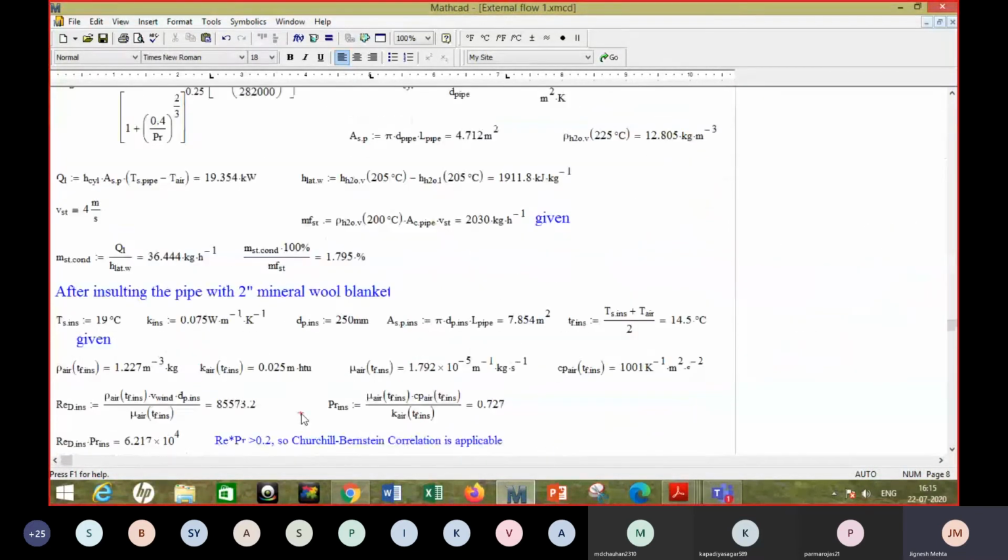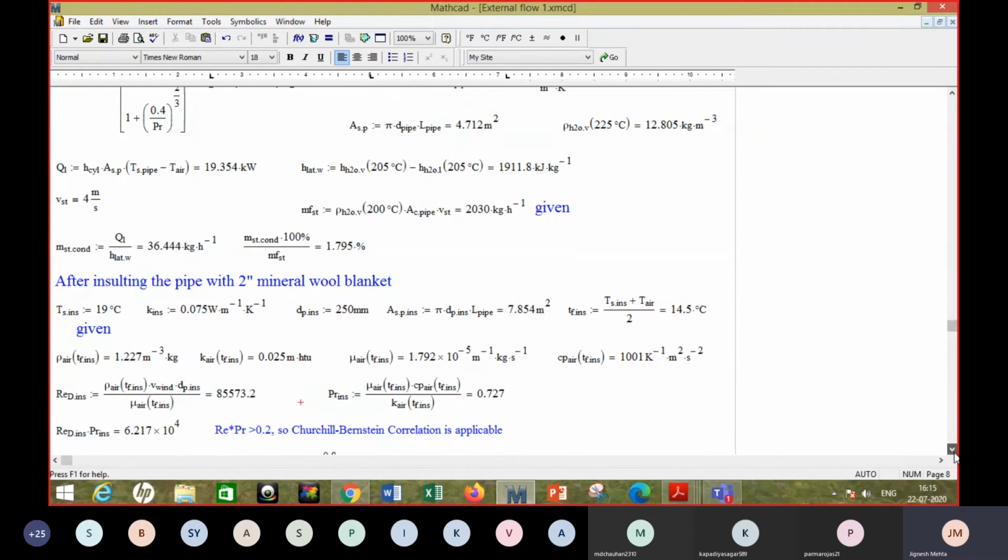So Reynolds number has increased. The reason for that is, one, the diameter of the pipe has increased, right? And there could be some changes in the other properties like density and viscosity, which are also affecting the value of Reynolds number. So you have actually increased Reynolds number, and because of that, the heat transfer coefficient may come out to be higher, right?